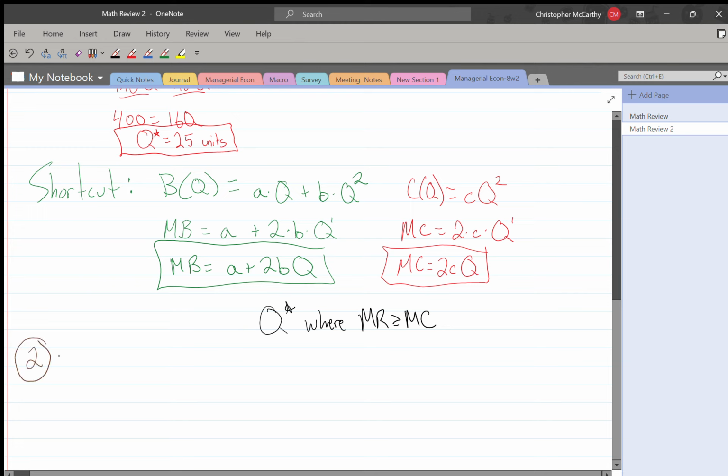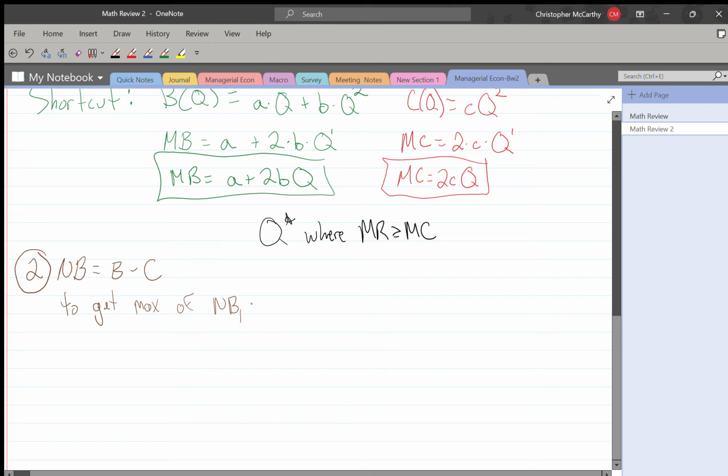to do it is to first form that net benefit equation. So net benefits are going to be equal to the benefits minus the costs. And essentially, whenever we want to find the maximum of something, so to get the maximum of the net benefits, what do we need to do? We need to take the derivative and set it to 0.